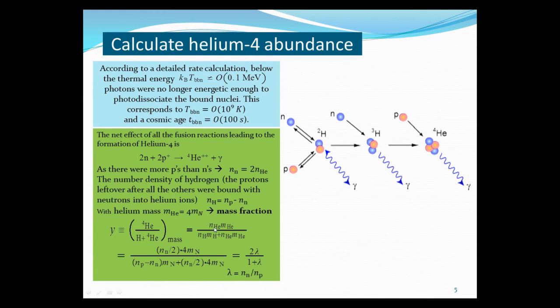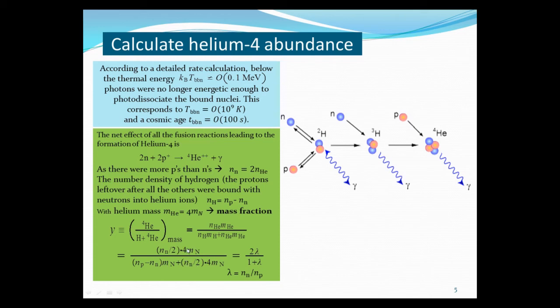So N_He, remember we talked about this, is half of the neutron number, and the number of hydrogen is protons minus neutrons. The mass here is four times the nuclear mass, and of course hydrogen is just one proton, so one nuclear mass.